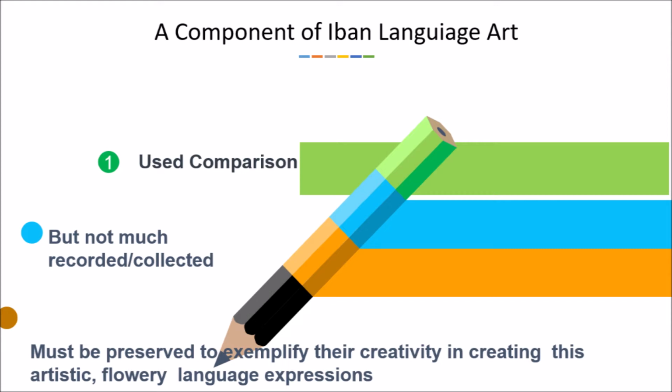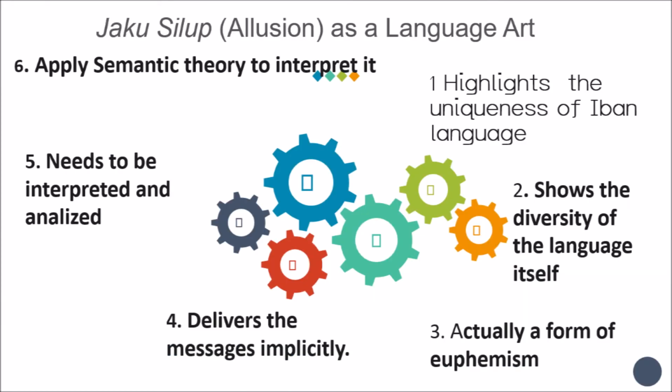We are actually using a lot of elements of fauna and flora in our expression, in addition to the metaphorical expression that we have had in this allusion. All right, now allusion or Jaku Silup highlights the uniqueness in the Iban language because it is not only using comparison, it is also set in a hidden and ambiguous way.